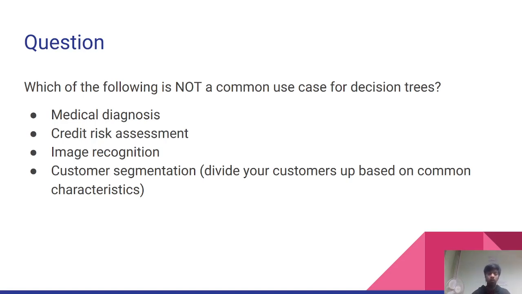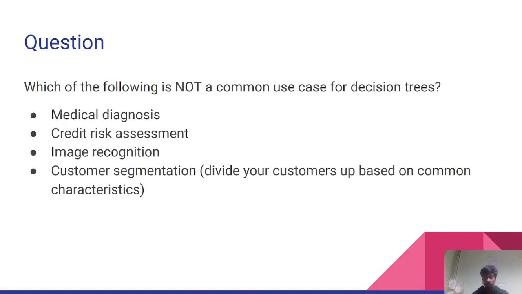In the other cases, like medical diagnosis, suppose you have a kind of Excel sheet with multiple features, so you can use decision trees at multiple points, and you can decide whether the person is healthy or unhealthy, or whether he has this disease or not.